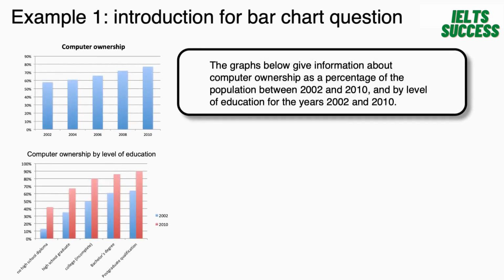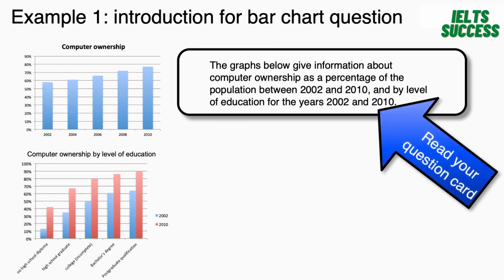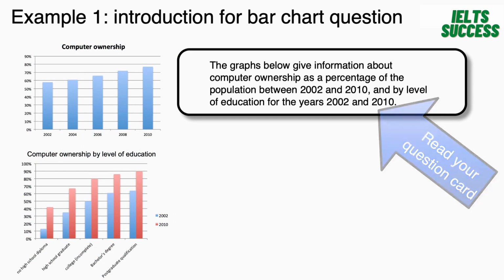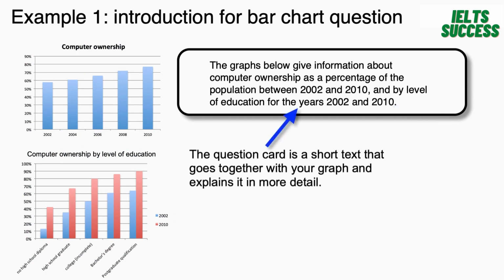Let's look at our first example. We can see that the type of this question is describing bar charts. And the very first thing you need to do when writing an introduction is to read your question card. The question card is a short text that goes together with your graph and explains it in more detail.